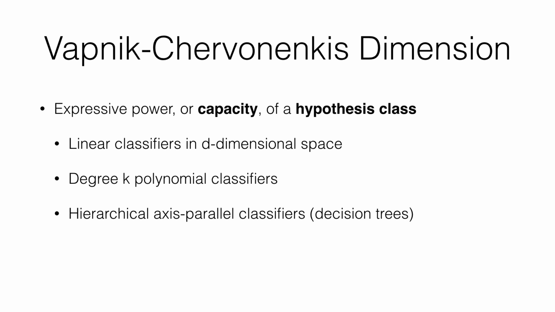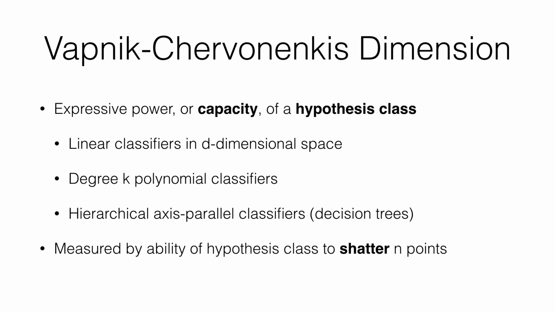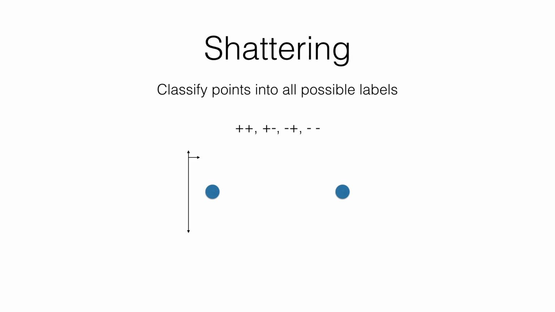And once you have the hypothesis class defined, the VC dimension is going to be measured by the ability of the hypothesis class to shatter n points. So let's talk about what it means to shatter n points. The idea of shattering n points is to classify points into all possible labels.